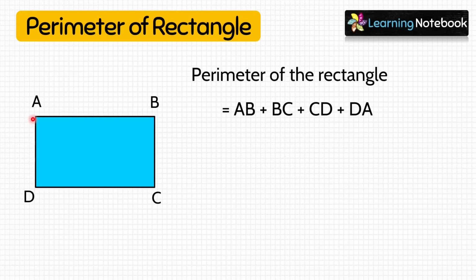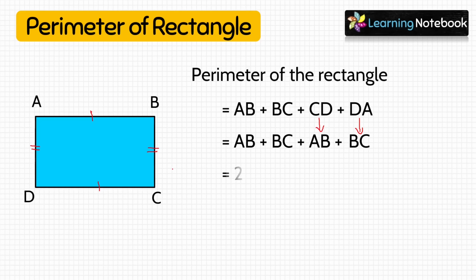Now students, we know in a rectangle, opposite sides are equal. So it means CD equal to AB and DA equal to BC. So we can write CD as AB and DA as BC.